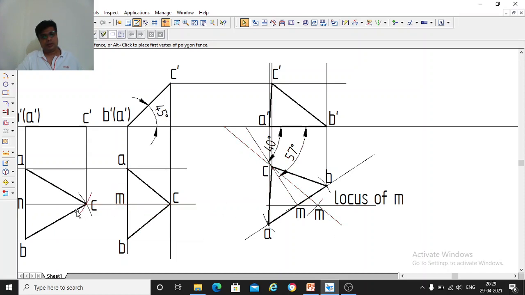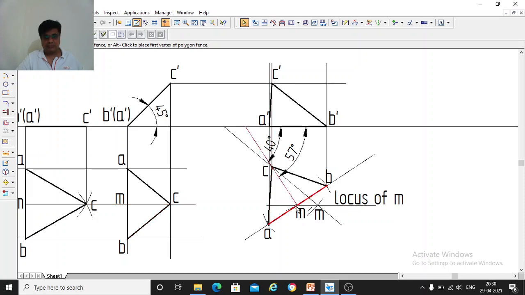Then take this true length CM and draw the arc. This point is CM, the true length of the triangle. To this point M, draw a horizontal line that is called the locus of M.